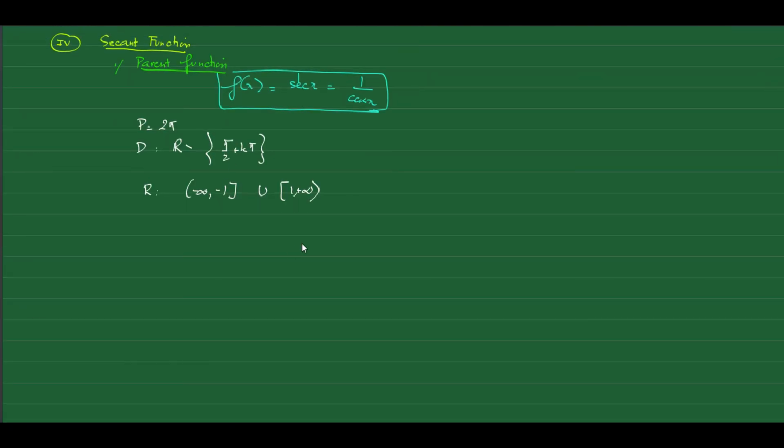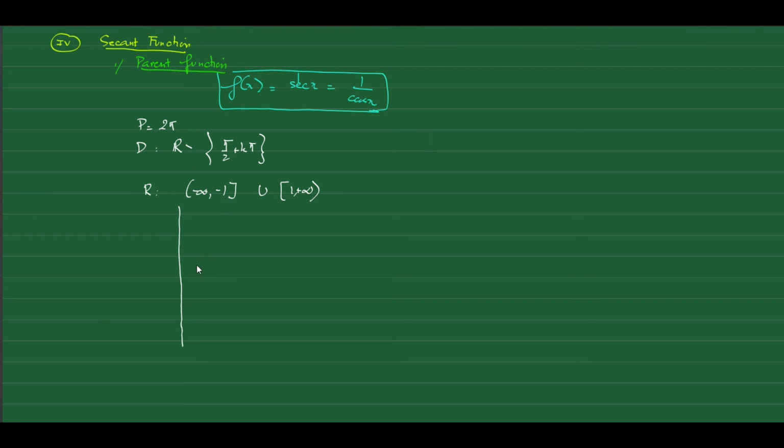All right. Now go ahead and sketch it. So we're gonna have something like this. And secant is an even function, because secant is 1 over cosine.